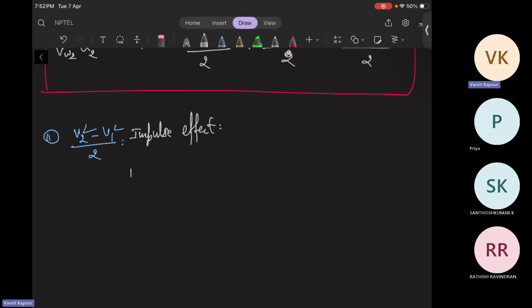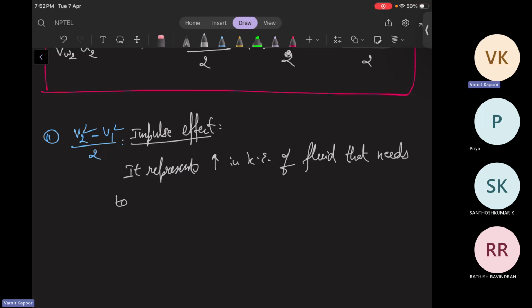That means it represents increase in kinetic energy of fluid that needs to be converted into pressure rise in diffuser.